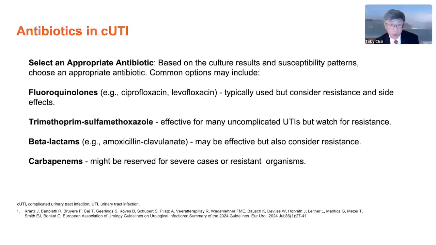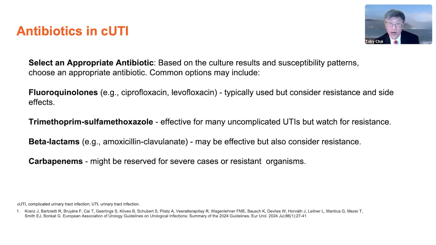So here are some classes of antibiotics that are commonly used for complicated UTI. Fluoroquinolones. But again, we do see an increasing incidence of resistance to fluoroquinolones, and in some communities, the fluoroquinolone resistance can be up to 20%. Trimethoprim-sulfamethoxazole, or Bactrim.